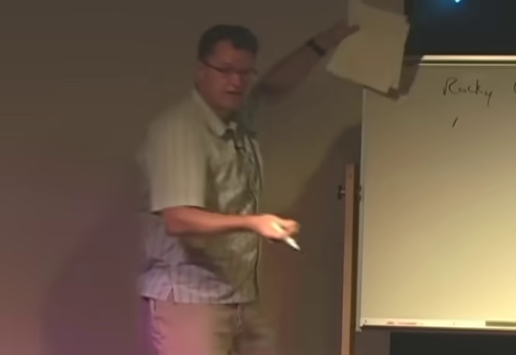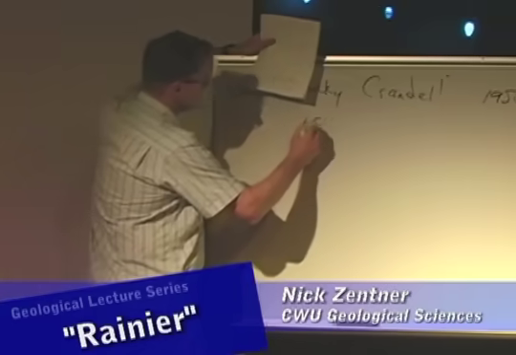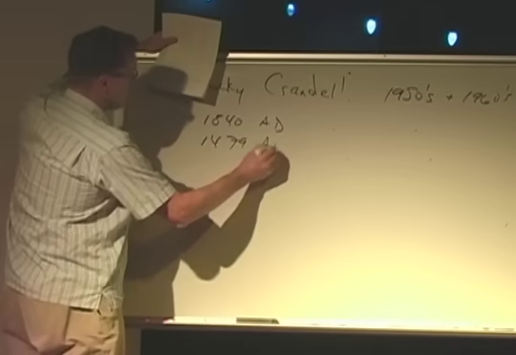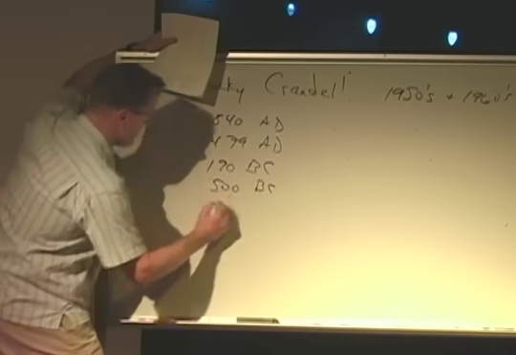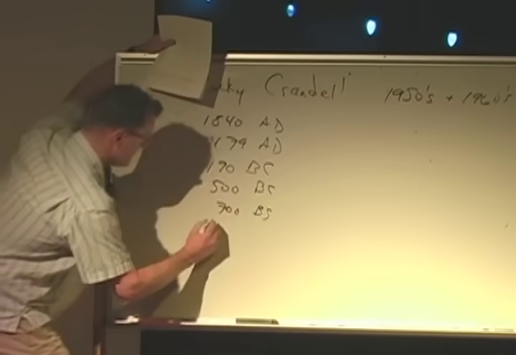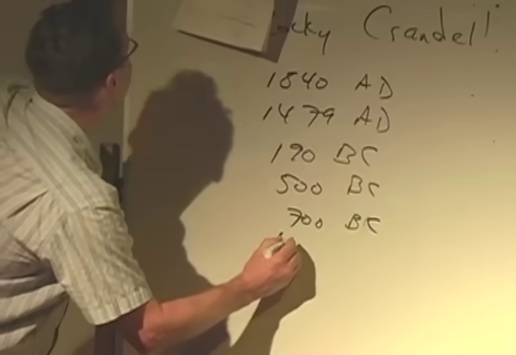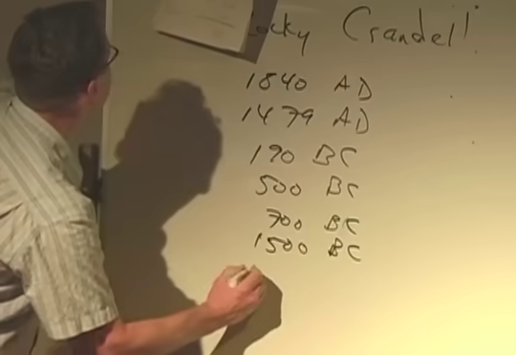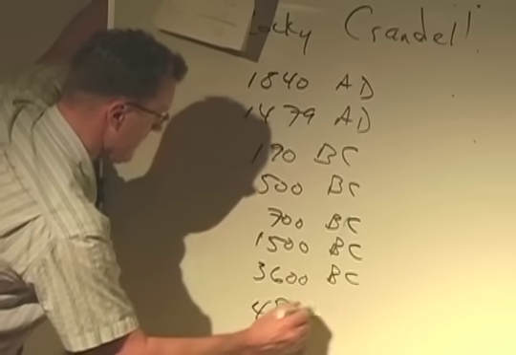You take some of the ash, you send it to a lab, they do some absolute age dating, and they come up with a numerical date for that particular ash. 1840 AD, 1479 AD, 190 BC, 500 BC, 700 BC, 1500 BC, 3600 BC. I'm not going to go on forever.